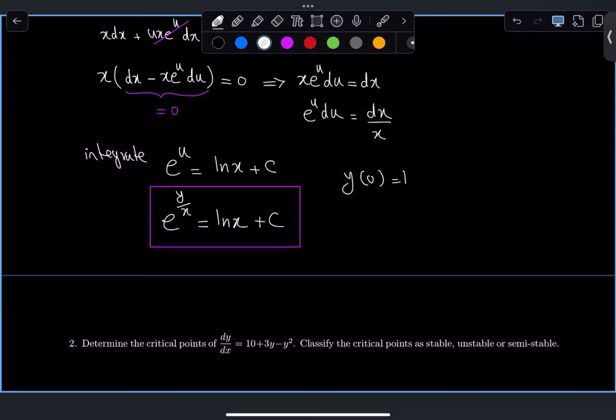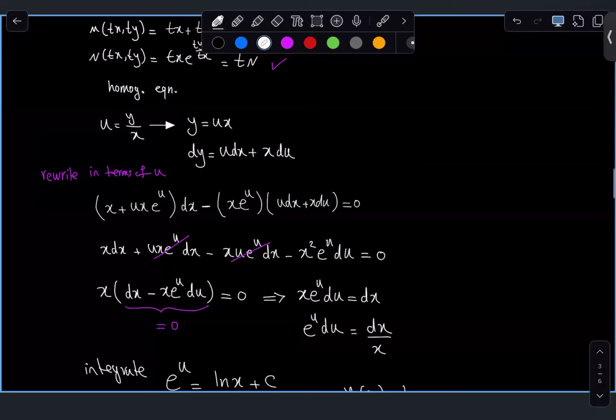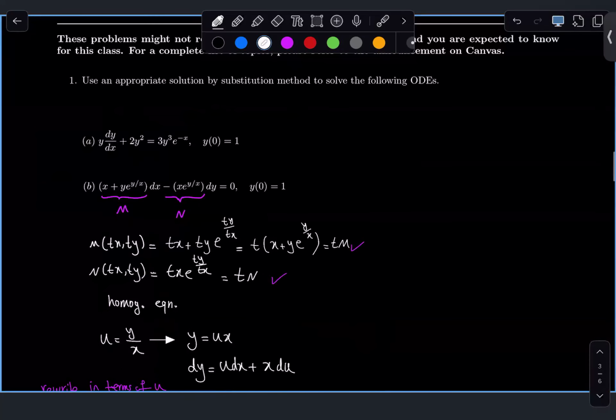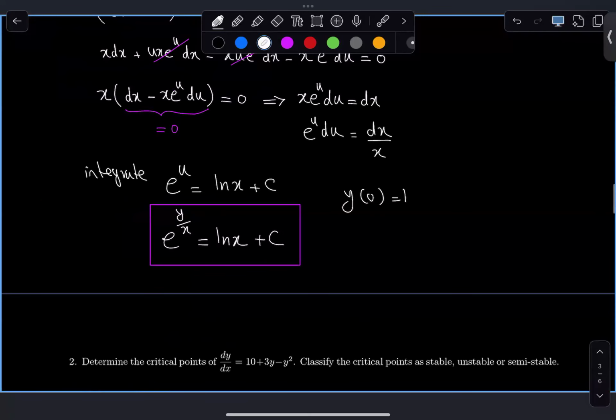Okay, let's plug in x is 0 and y is 1. Wait. Did we do this right? y at 0 is 1.